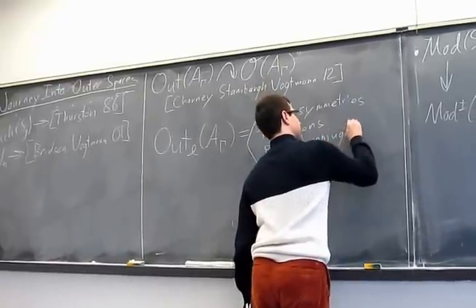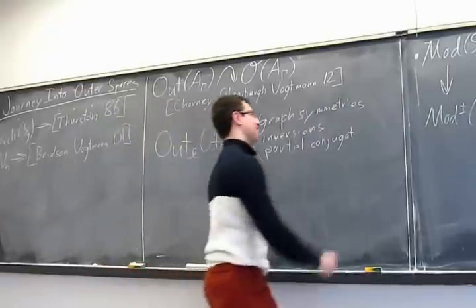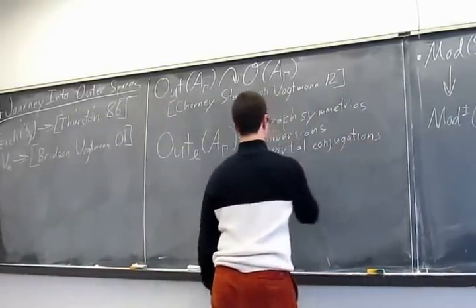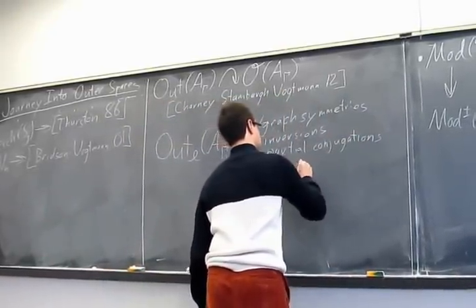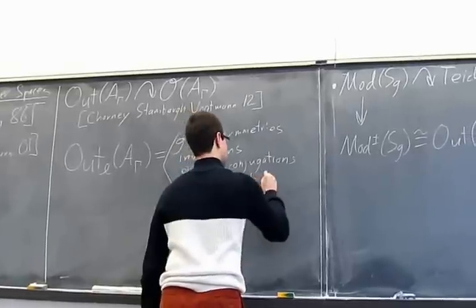What's a graph symmetry? Partial conjugations and non-adjacent transvections.